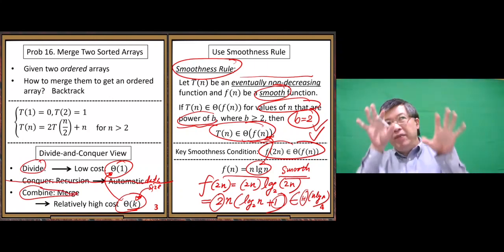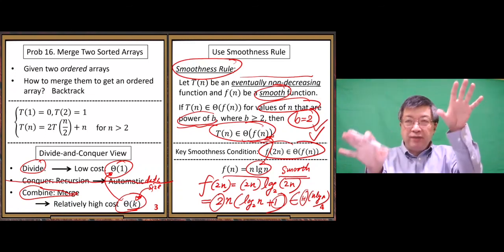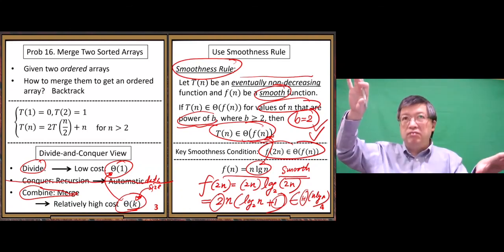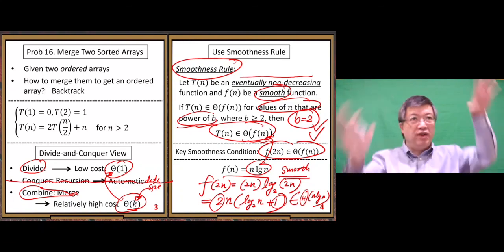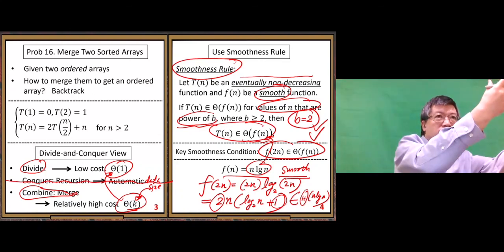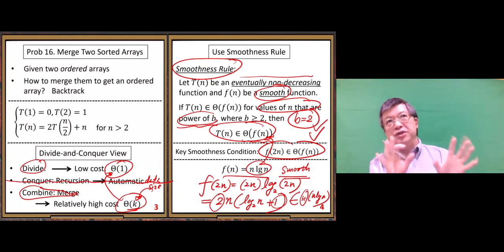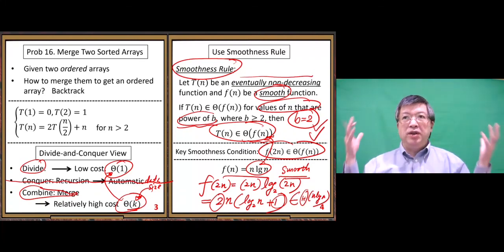If you make one step low cost, the other step needs a relatively high cost, or conversely, combine step low but divide step relatively high. So that's the view using divide and conquer. All right, so we stop this video and complete the whole class.